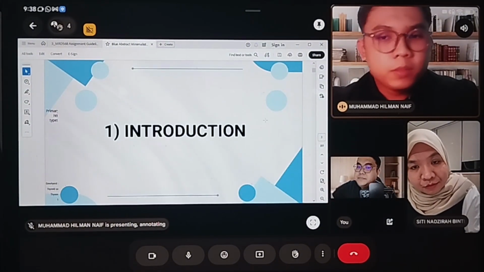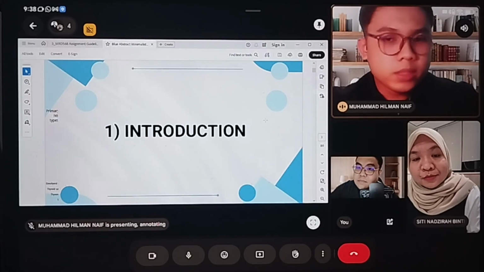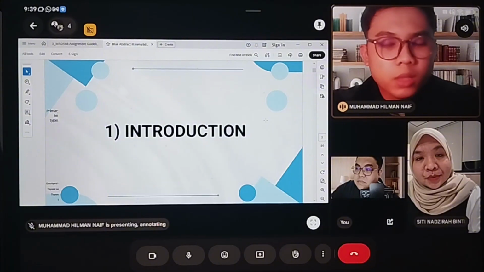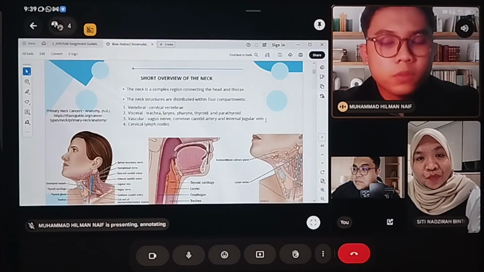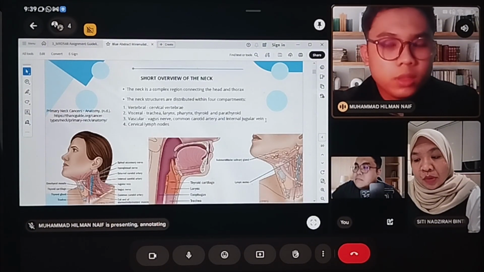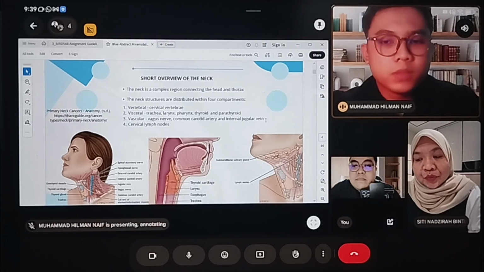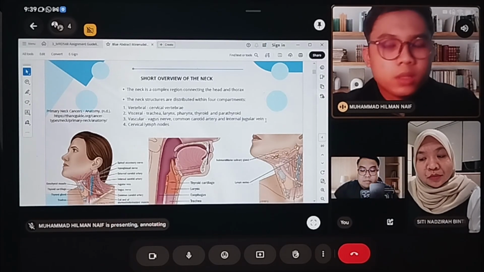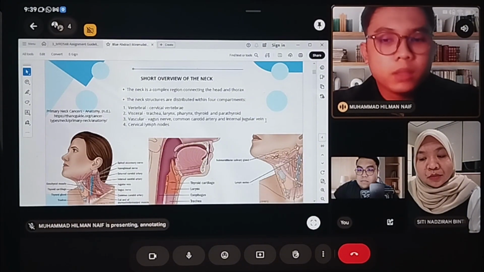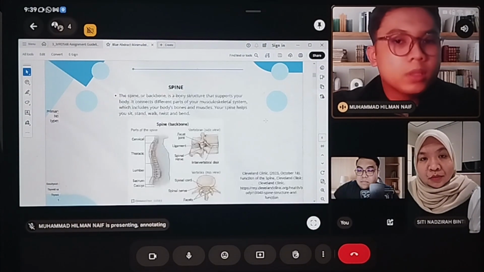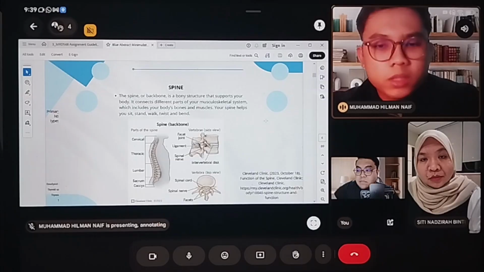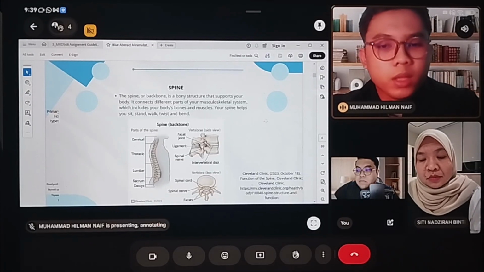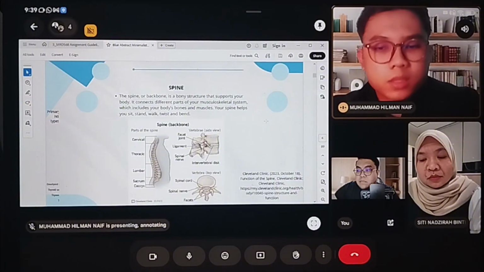So my part is the introduction and anatomy. For the introduction, I will explain the overview of the neck and spine, including the compartments of the neck and the role of MRI in assessing soft tissue, nerve structures, inflammation, and tumors. Then for the anatomy, I will explain the normal MRI appearance using axial T1, T2 and sagittal images.